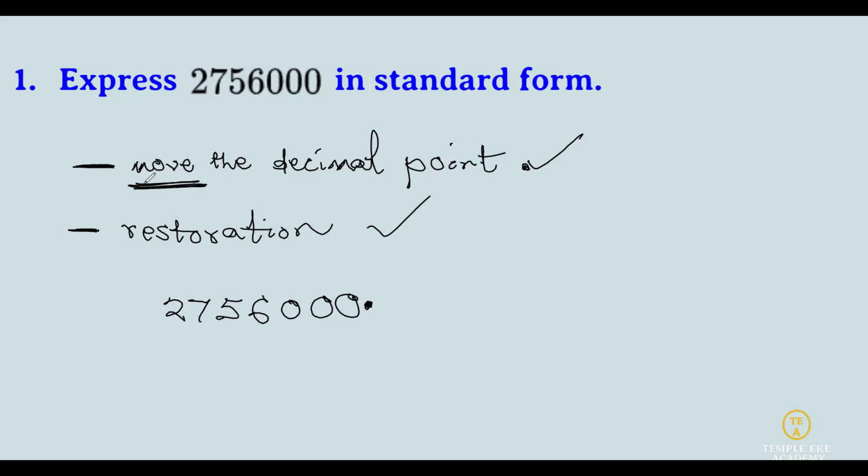Now, the first step is to move that decimal point to our desired position, and that is one digit that is not a zero. If we do that, the value of the figure will change into 2.756. And now this chain of zeros at the back of the point are not significant. So I could just exclude them right now.